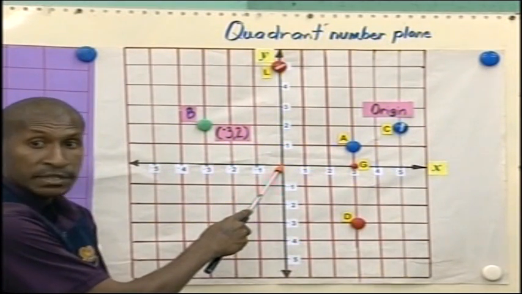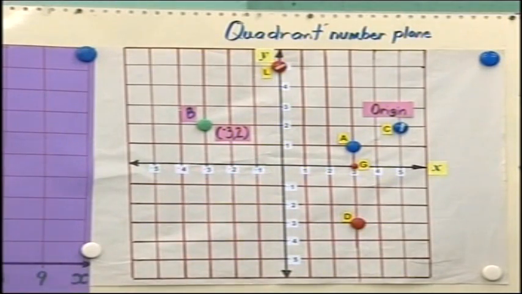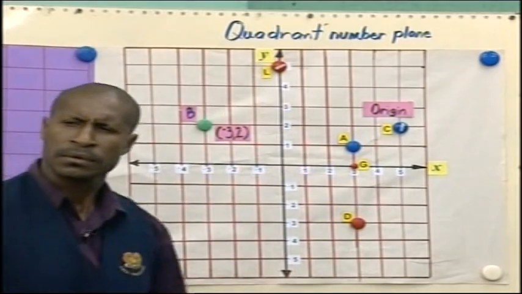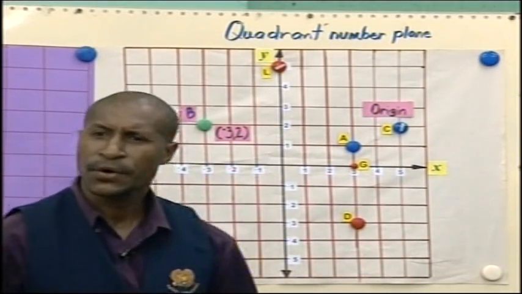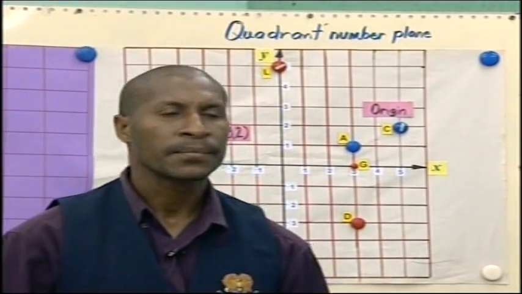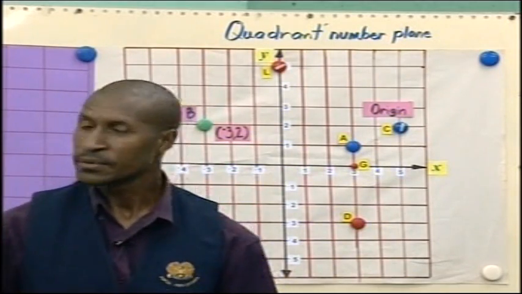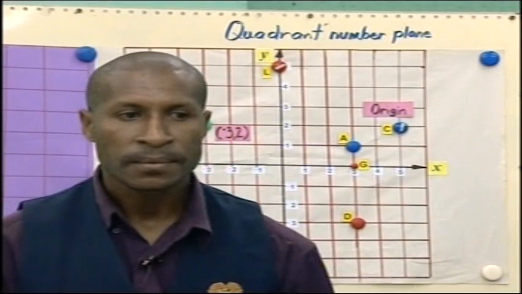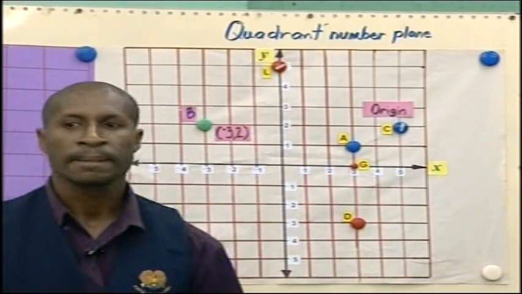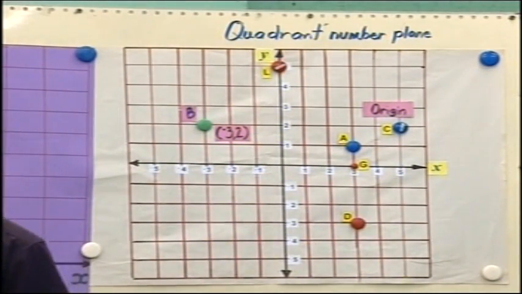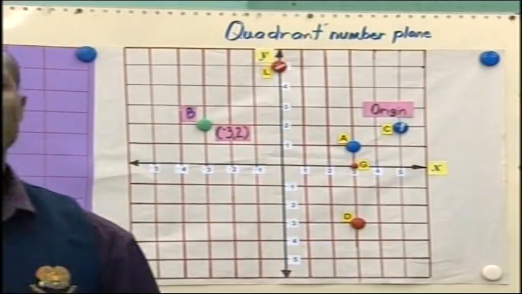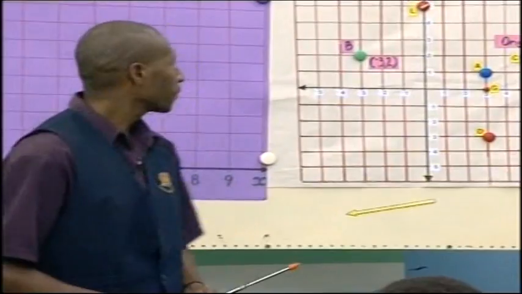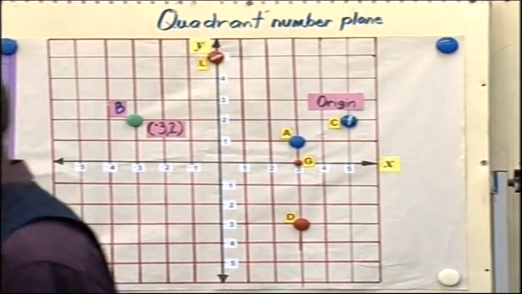And the coordinates for origin is always what? What is the coordinate? 0? You sure 0? I don't think so. Receiving students, what is the coordinates for origin? Let's have Emmanuel.